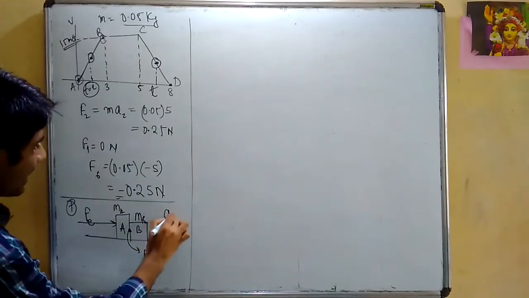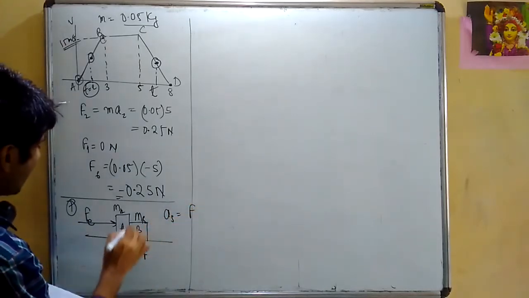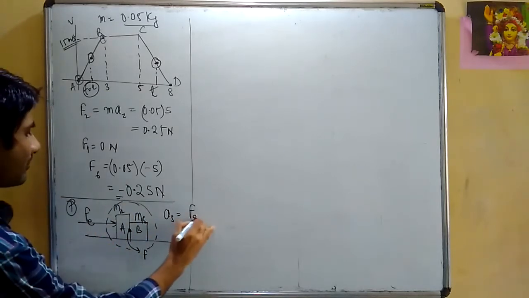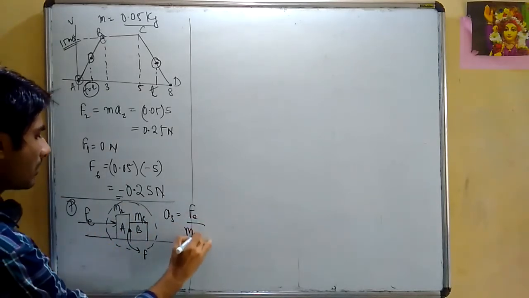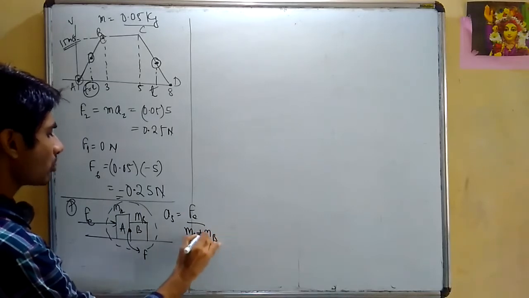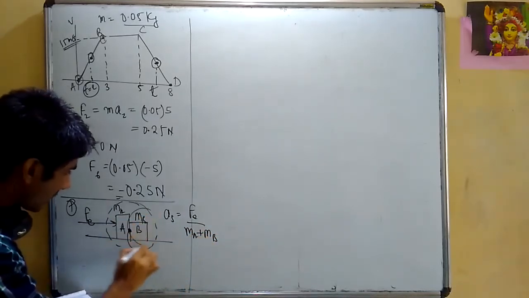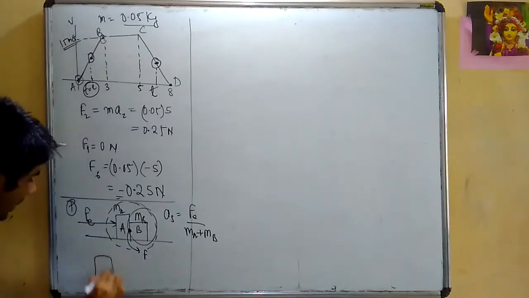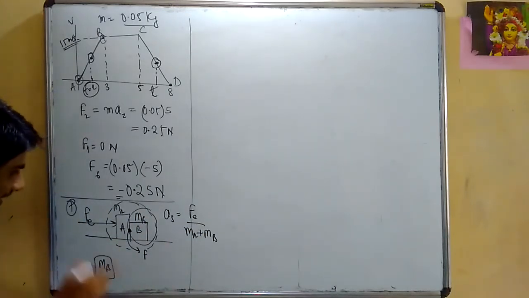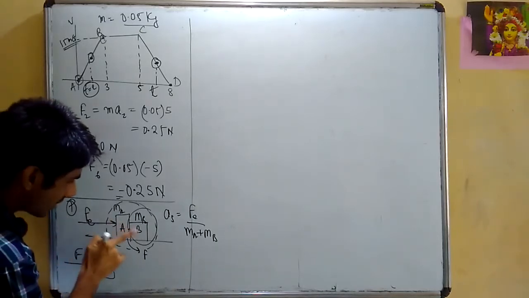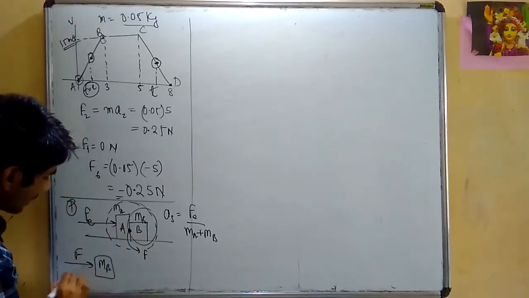Now if you carefully see, if I take the acceleration of the system, what is the external force? Fe, and the total mass is mass of A plus mass of B. So this should be the acceleration of the system. Now let us draw the FBD of MB. If you draw the FBD of MB, what is the force acting? There is only one force, and that is F, which is given in the question, that A exerts a force of F on B. That force I have drawn.